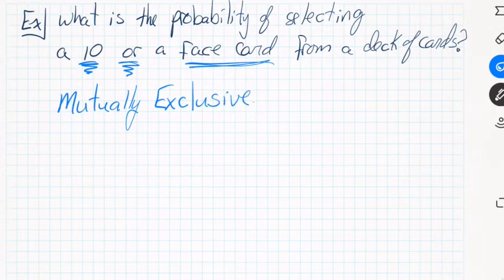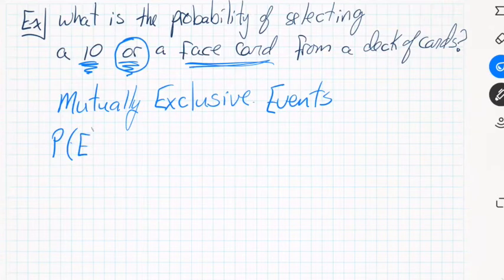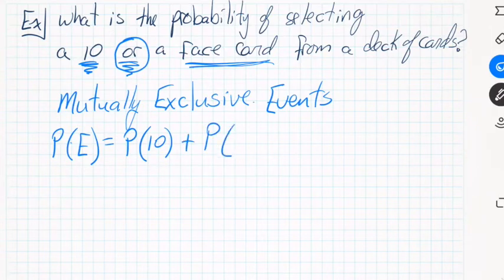Basically what that means is a 10 cannot be a face card, and a face card cannot be a 10, so there's no overlap. So these are mutually exclusive events. Now for mutually exclusive events and the word or, the probability of this event is going to equal the probability of the event having a 10 plus the probability that the card was a face card.